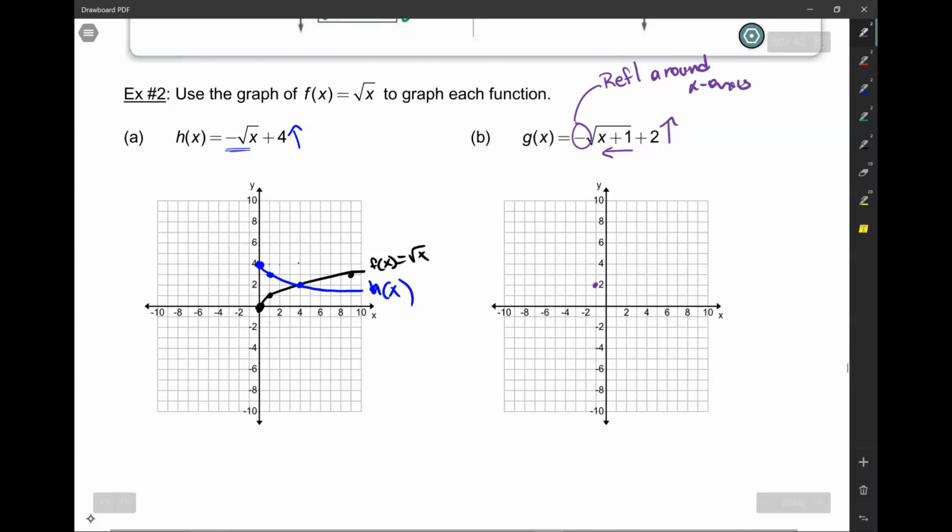All right, so now, again, same thing. If I make a positive change of 1 unit in the x, my y goes down 1 unit. Positive 4 goes down 2 units. Positive 9 goes down 3 units. Okay?